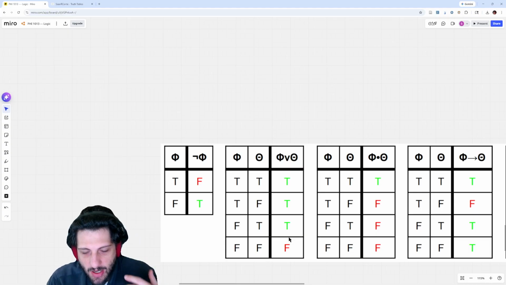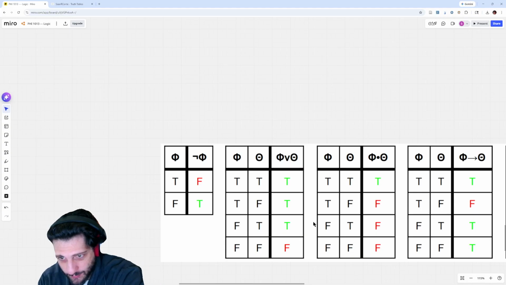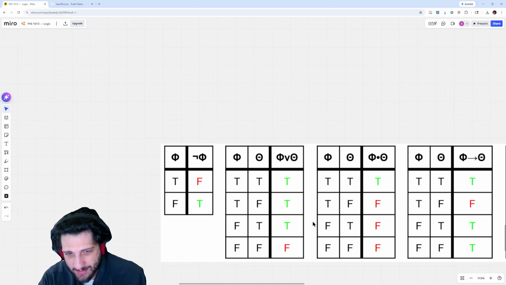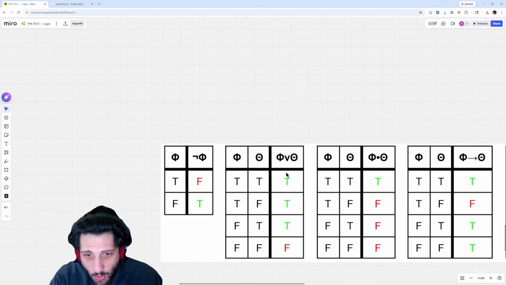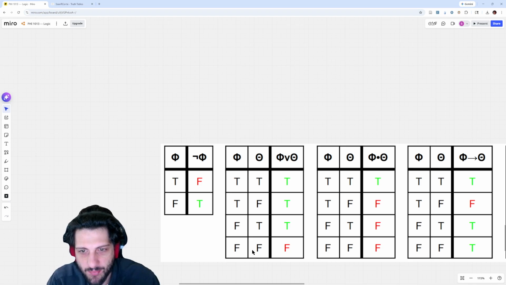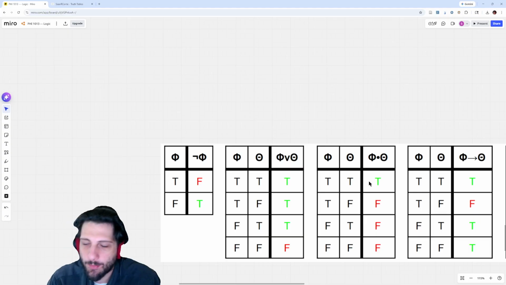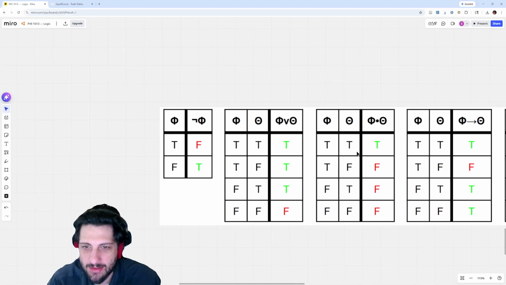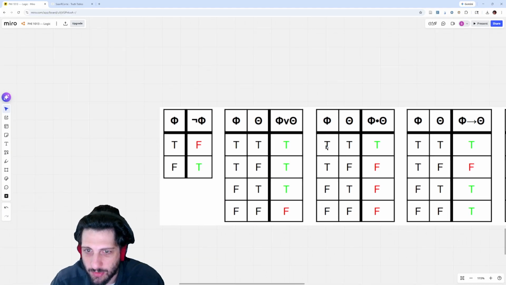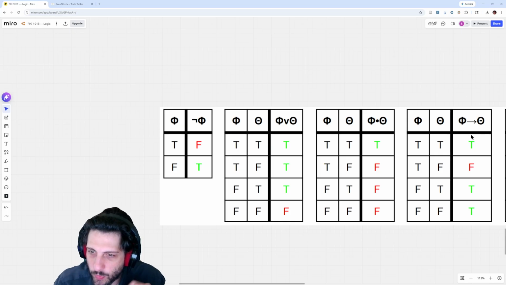For ors, for each of these, we can essentially think about one special row. For an or, the only time the or is false is if both sides are false. Ands are essentially the flip of that. The only time an and is true is when both sides are true. And then the conditional is its own weird case.